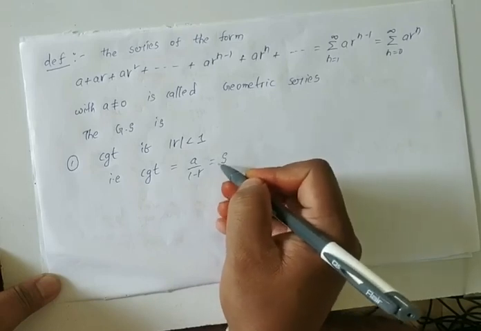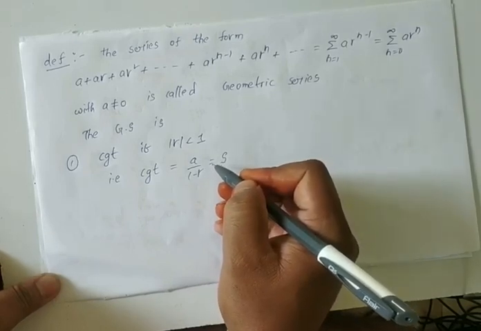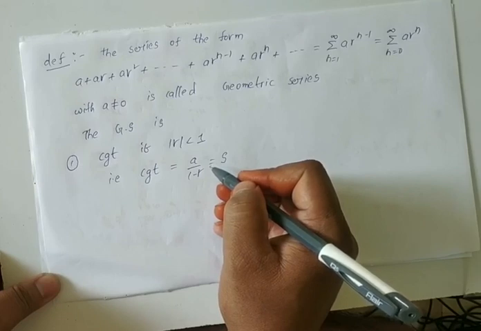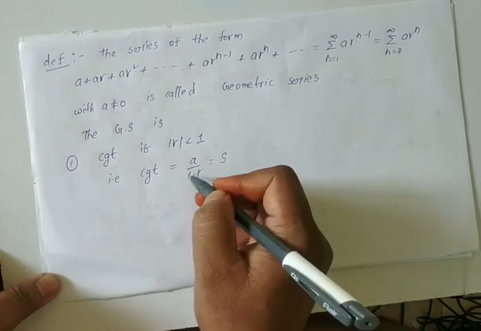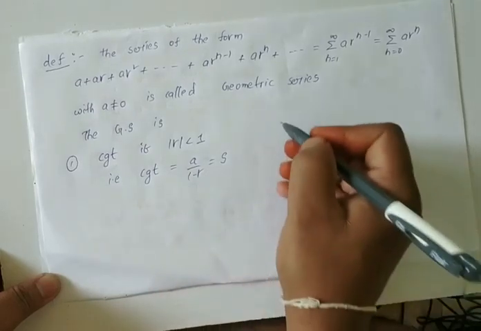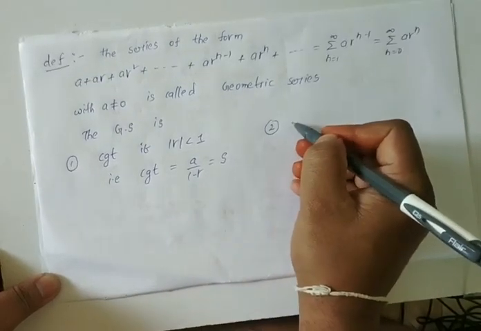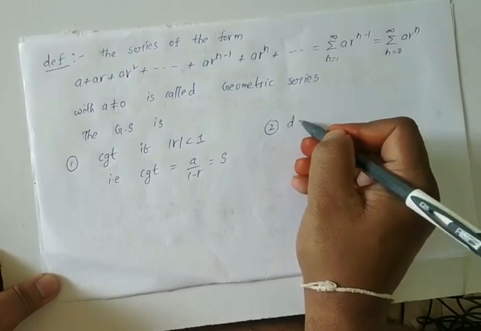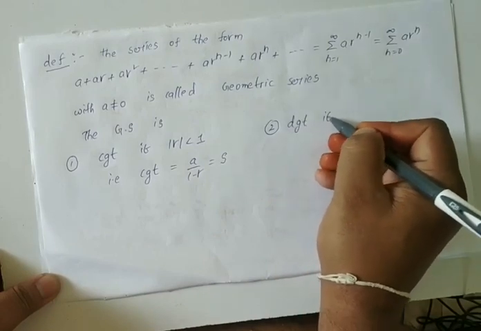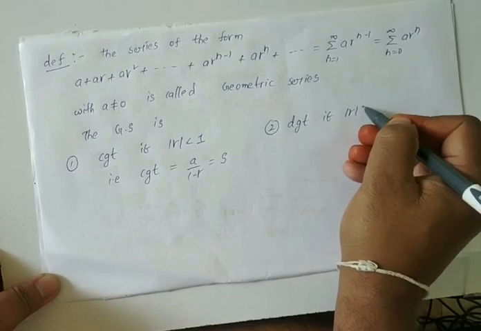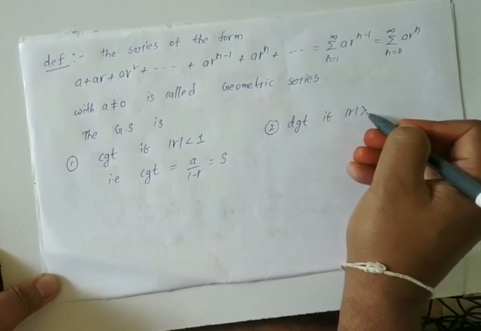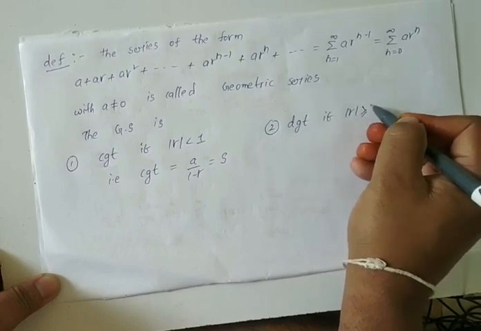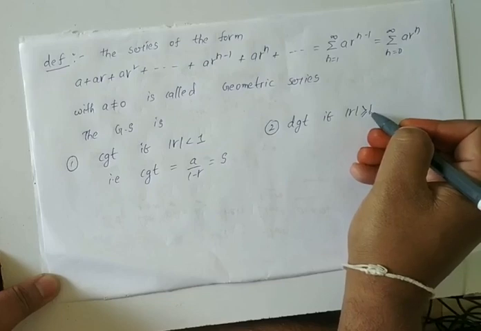Next, second one, this geometric series is divergent if mod r is greater than or equal to 1.